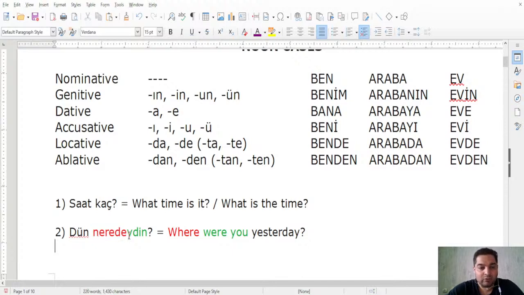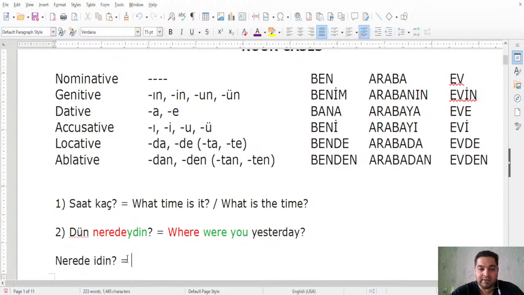And then we have this yidin. Yi is a fusion letter, by the way. Neredeydin is the combination of nerede idin, okay? That is basically what it means.